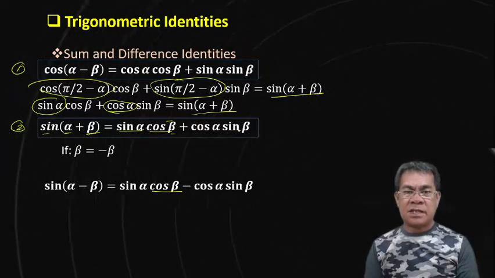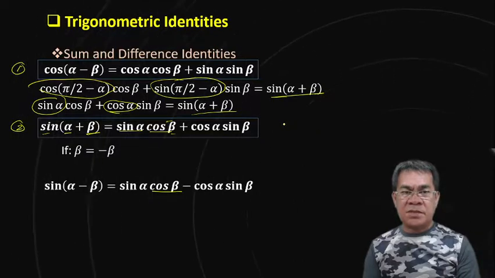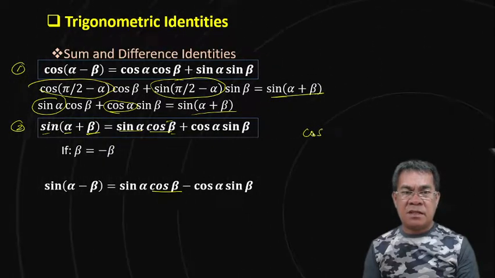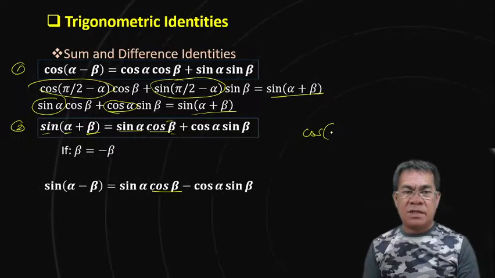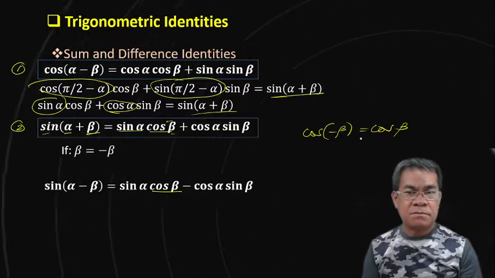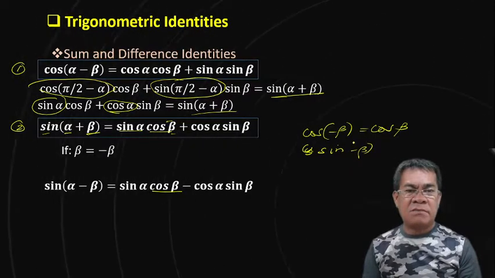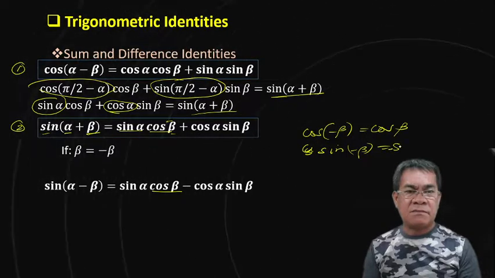But take note, this is very important. The cosine of negative beta is the same as the cosine of beta, by the reduction formula. The sine of negative beta is equivalent to negative sine of beta.